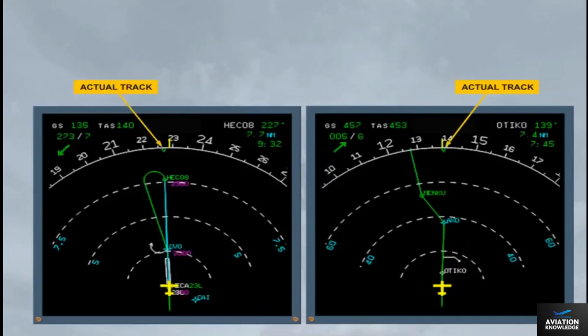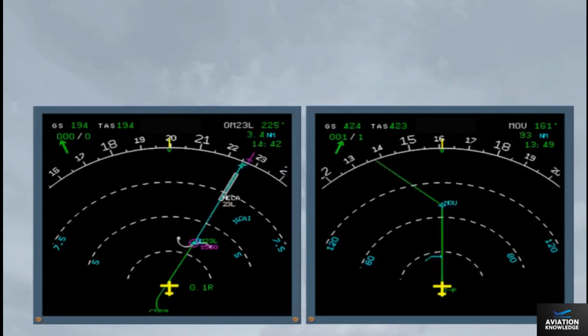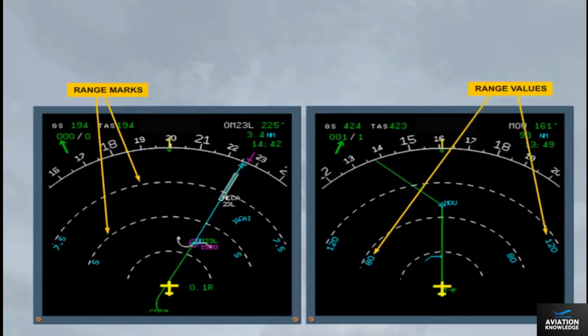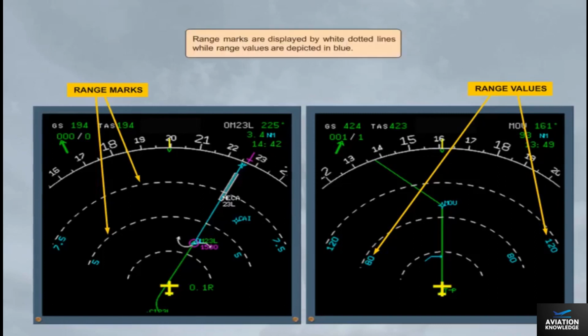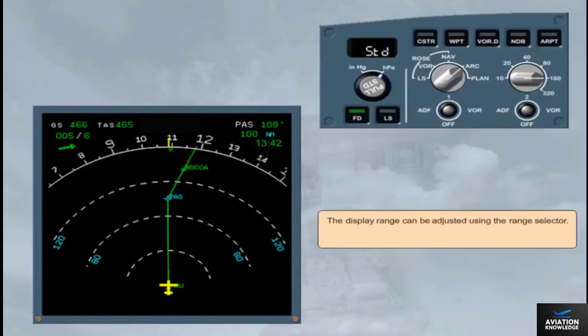Actual track is depicted by a green track diamond. Range marks are displayed by white dotted lines, while range values are depicted in blue. The display range can be adjusted using the range selector. Select 320-mile range.